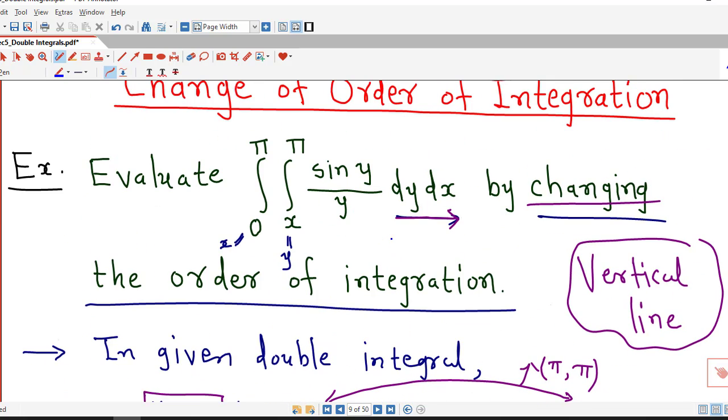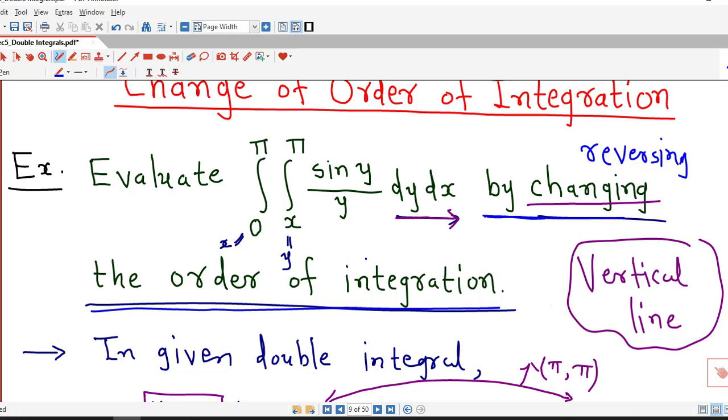And if you are asked to find the value of a double integral by changing the order of integration, then you must change the order of integration, even if it is easy to integrate with respect to the given order. Sometimes they ask this type of question: evaluate the value of the double integral by changing or by reversing the order of integration.